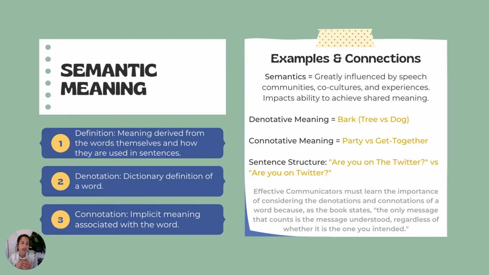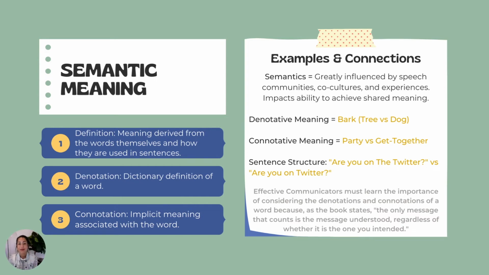Even someone within our own speech community may not understand us because of semantics. So when I'm talking about denotation, the denotative meaning, we have to think about the fact that while dictionaries have specific meanings for things, they also have multiple meanings, right? Say, bark, like I have on the screen.